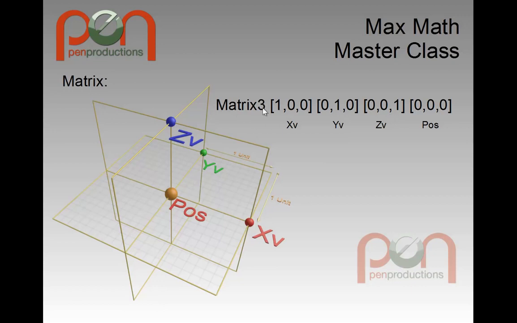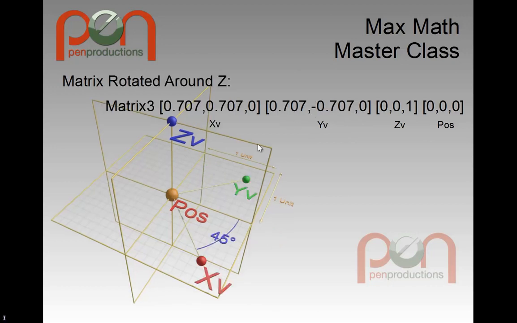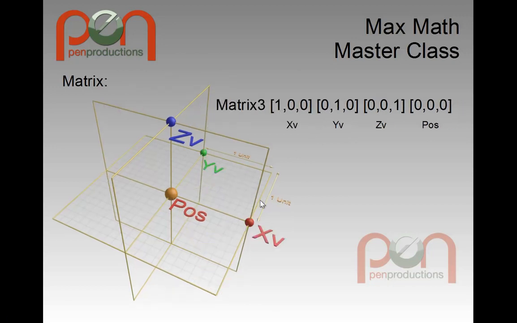So if you take a look at the X vector, here's our position value, dead center. In this case we're at 0, 0, 0 world space. Here's our first vector value, and that vector value goes out from the center of world space. It's 1 unit out along X, none on Y, none on Z.